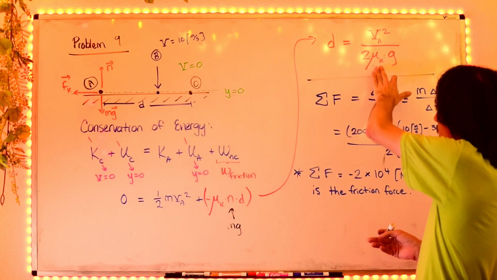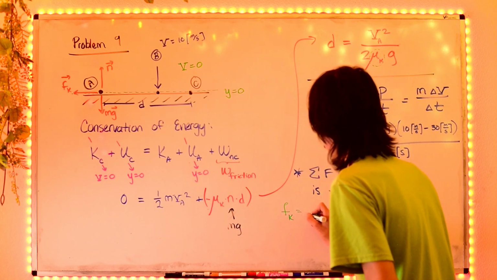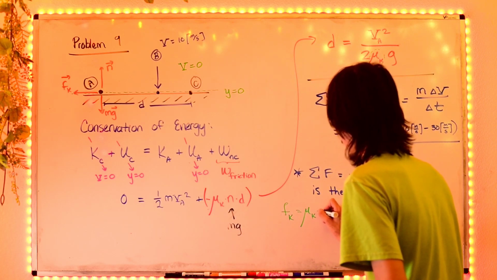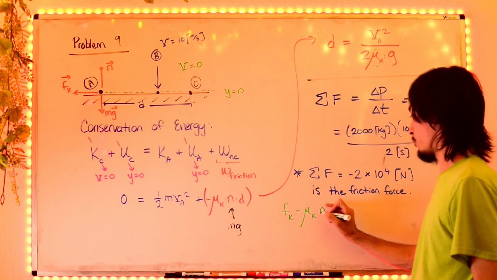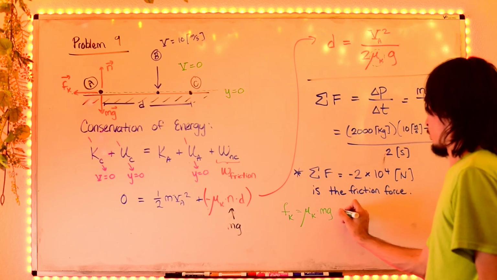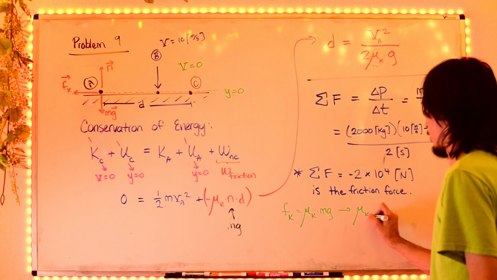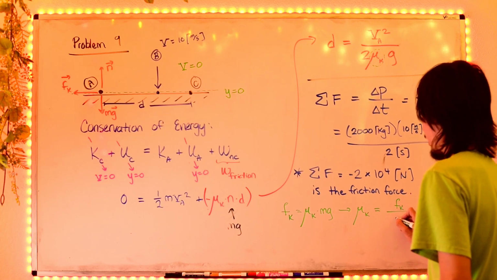So I'm going to continue with that goal, and I'm going to say that the friction kinetic is equal to the coefficient times the normal force. And we know that the normal force is equal to mg. So we can solve for the coefficient, which is the friction kinetic force divided by mg.